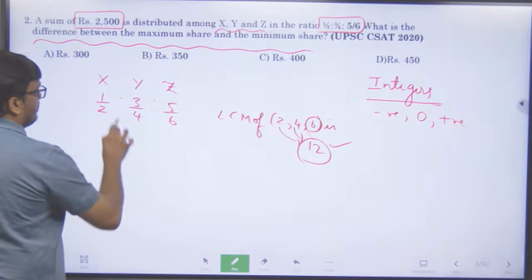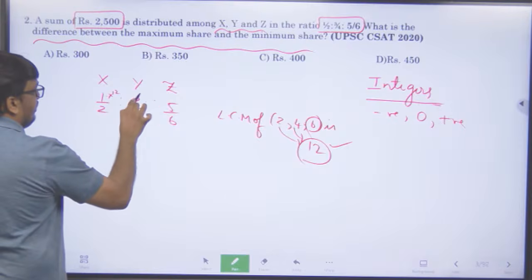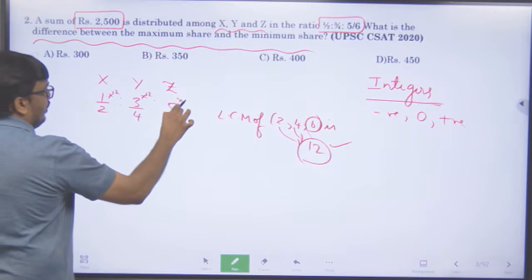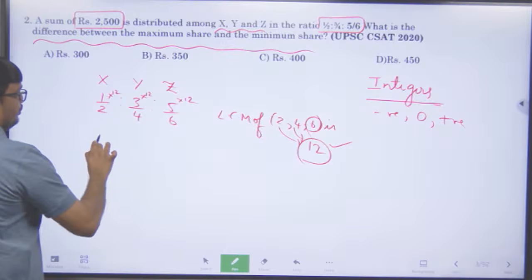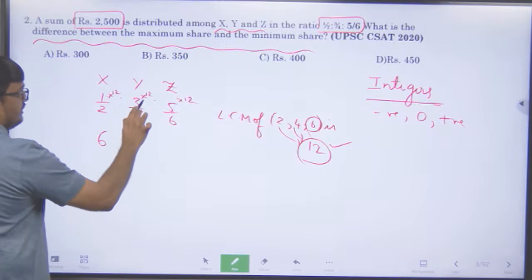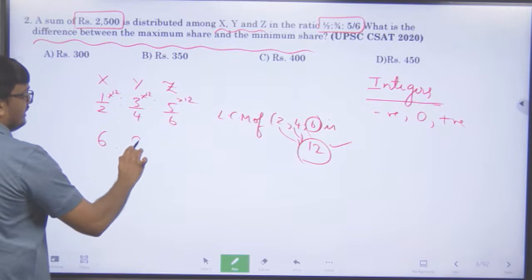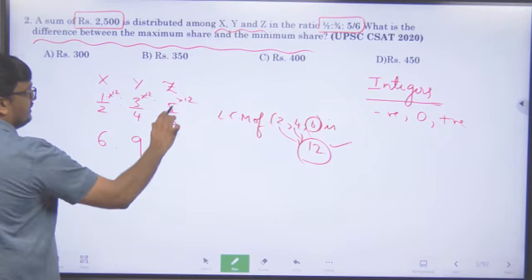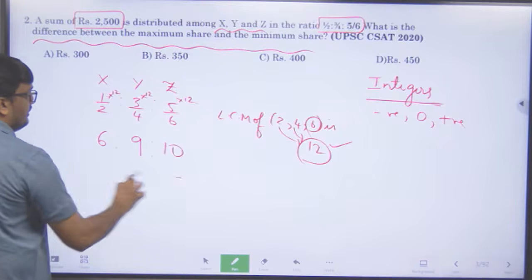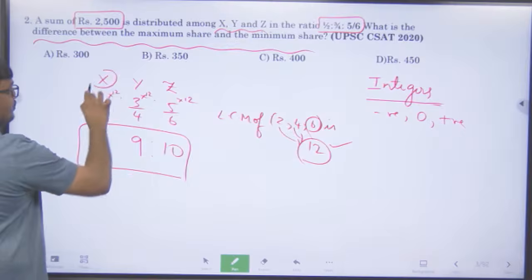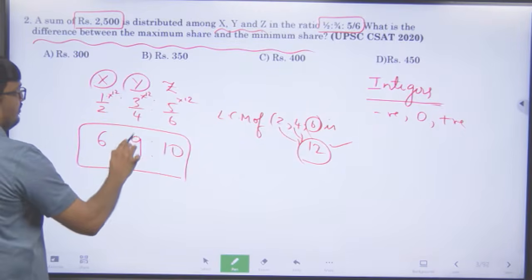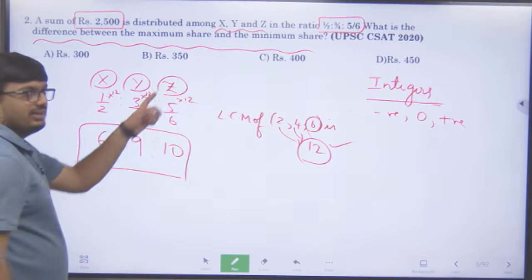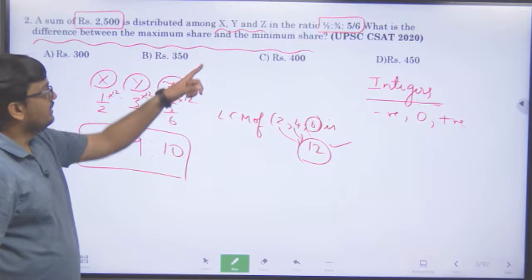Multiply each fraction by 12, 12, 12. 2 ones are 2, 6; 4 ones are 4, 3 threes are 9; 6 ones are 6, 5 twos are 10. X will get 6 parts, Y will get 9 parts, Z will get 10 parts.